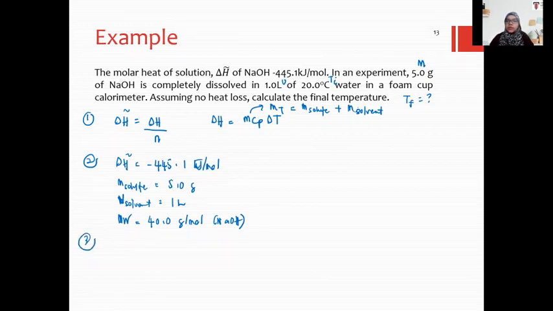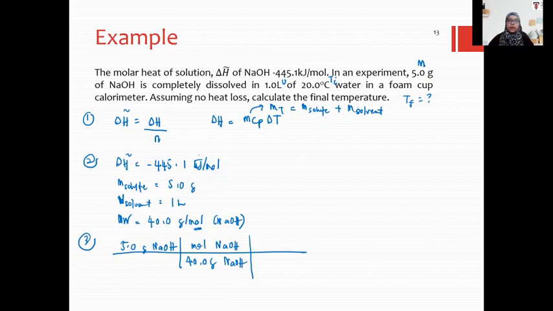To cancel the unit of gram, we need to consider the molecular weight. So from 5 grams of sodium hydroxide, we can have the unit of mole of sodium hydroxide.